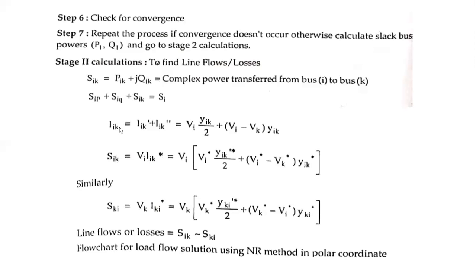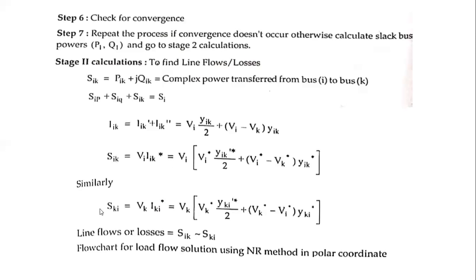Taking the conjugate, SIK equals VI into VI conjugate YIK conjugate by 2 plus VI conjugate minus VK conjugate into YIK conjugate. This is the SIK value.